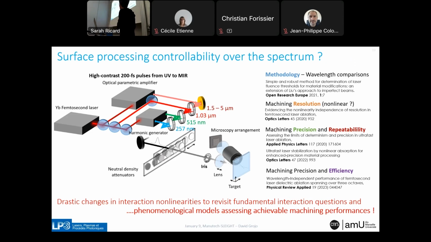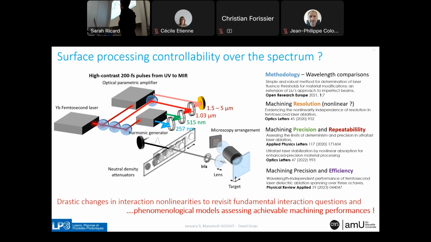To make sure that what we discuss is an effect of the wavelength changing drastically the nonlinearity of interaction, we rely most of the time on a single master oscillator, and we convert the light by optical parametric amplification to go for the infrared, and harmonics if we want to go to visible or deep UV.